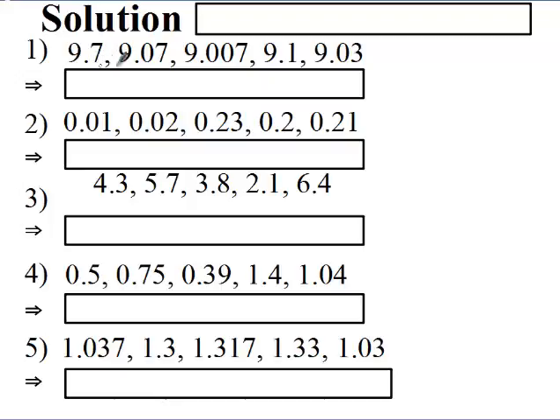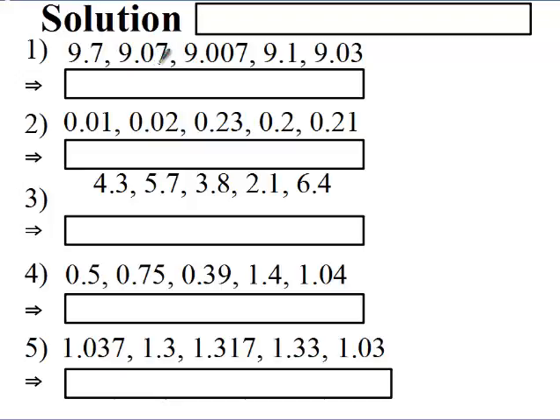Here we have 7. Here we have 0, 0, 1, and 0. Therefore, let's compare those who have zeros in their 10th column. Since they all have zeros, then let's move on to the next one, which is the 100th column.